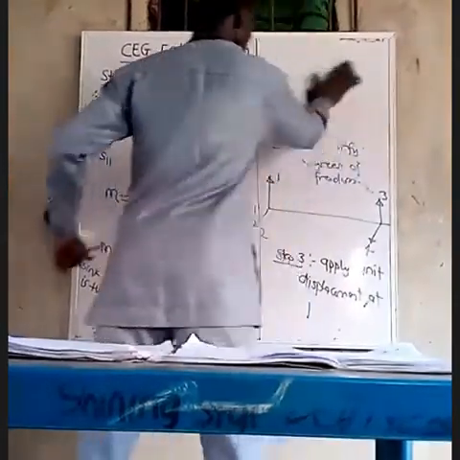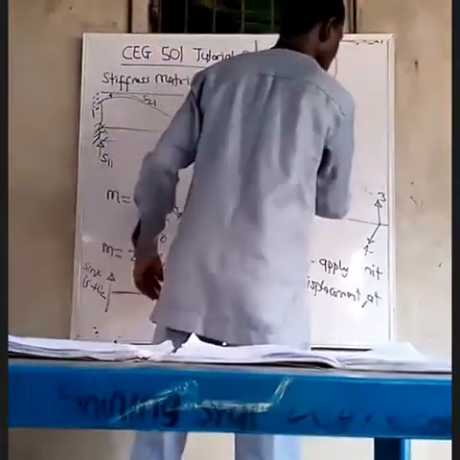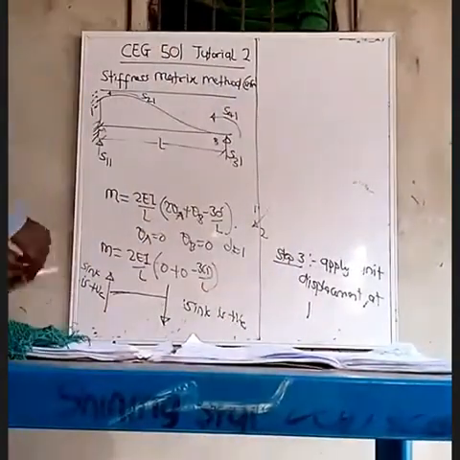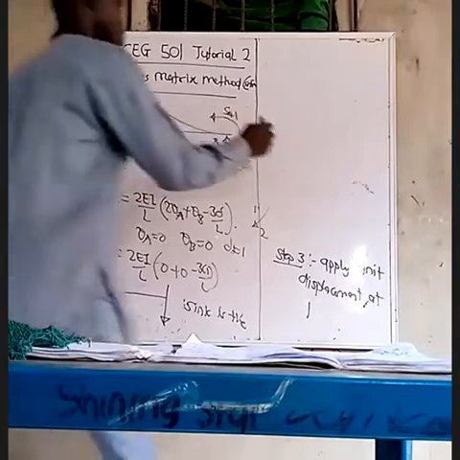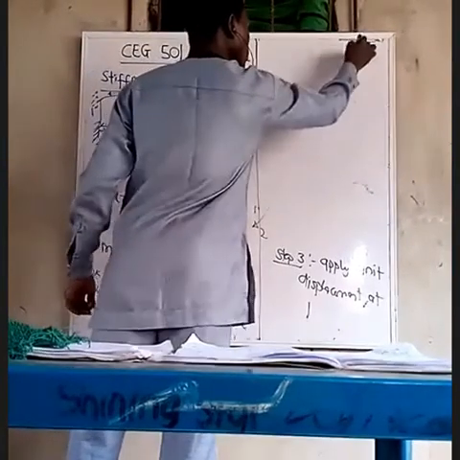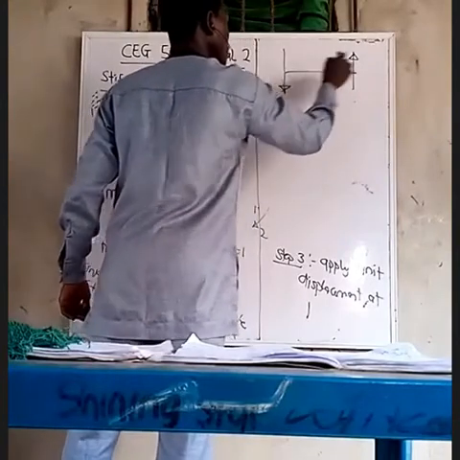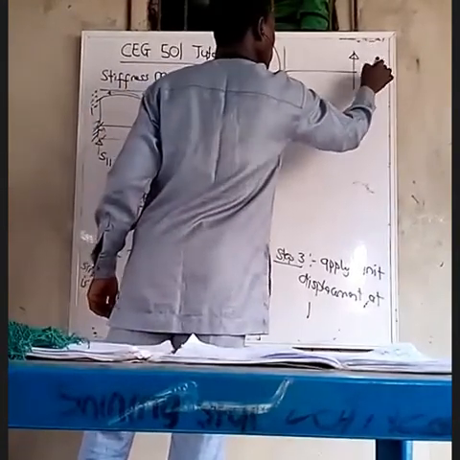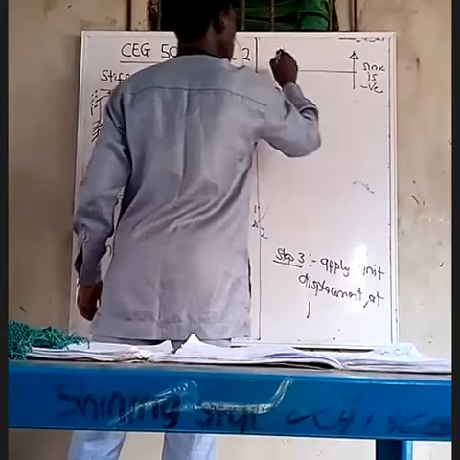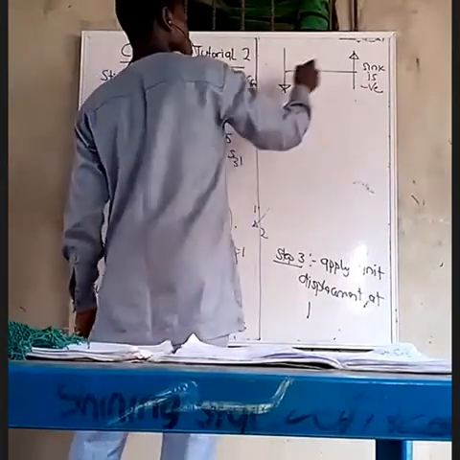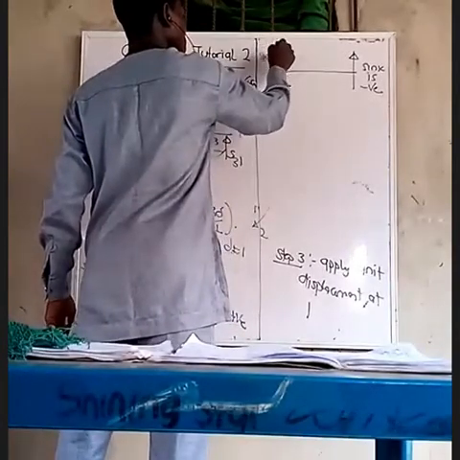So once again, you don't need to bother yourself with this. It is what I use to identify the sink moment, if it's positive or negative. So if the right support goes up with respect to the left support, sink moment is negative.